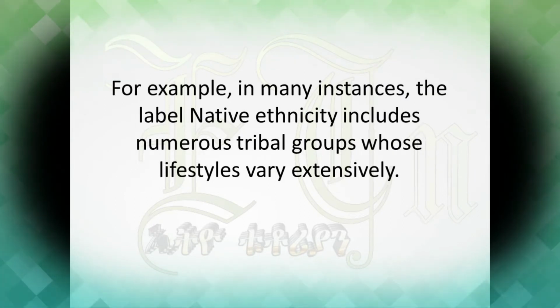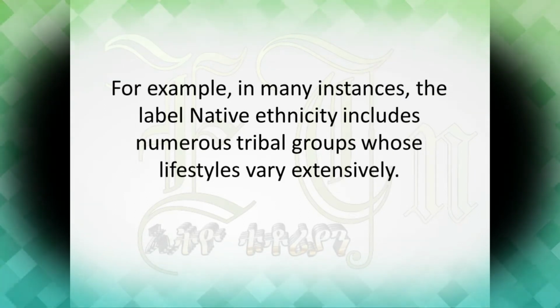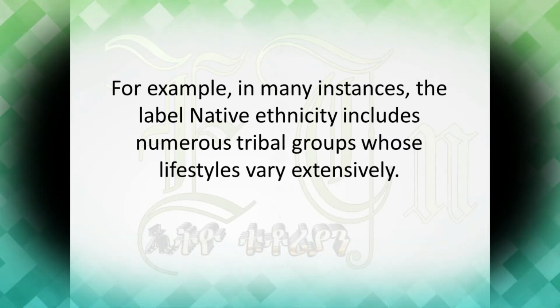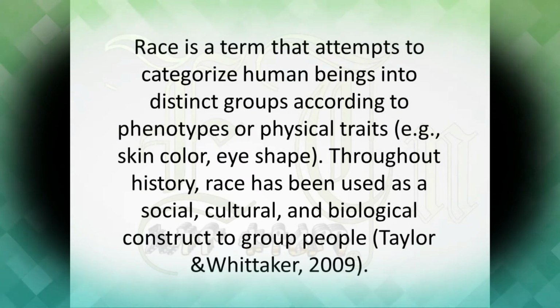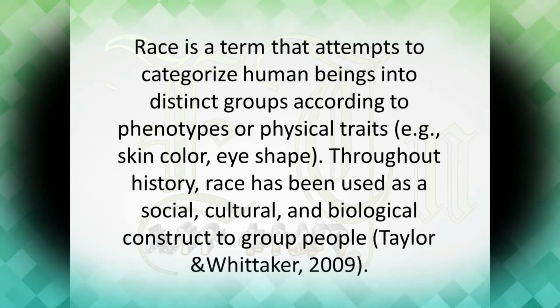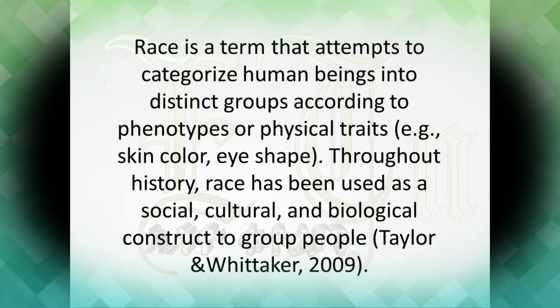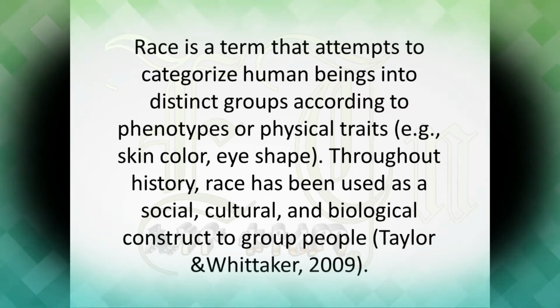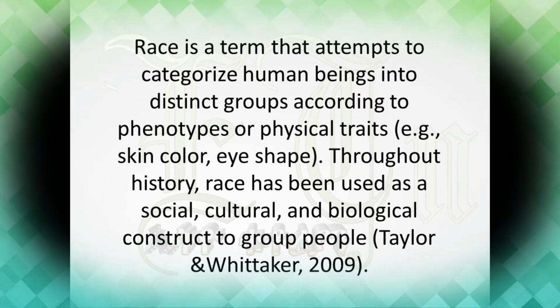For example, in many instances, the label native ethnicity includes numerous tribal groups whose lifestyles vary extensively. Race is a term that attempts to categorize human beings into distinct groups according to phenotypes or physical traits, for example, skin color, eye shape.